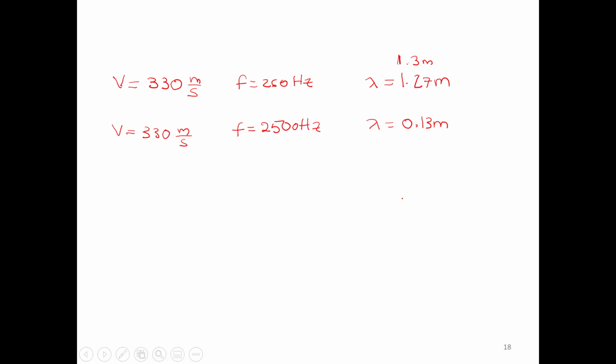Then if we analyze the equation we had, with frequency, the speed in this case is a constant value. And let's see what is the relation between the wavelength and frequency. Let's divide by the frequency. Then we will have this equation, wavelength equals speed over frequency.